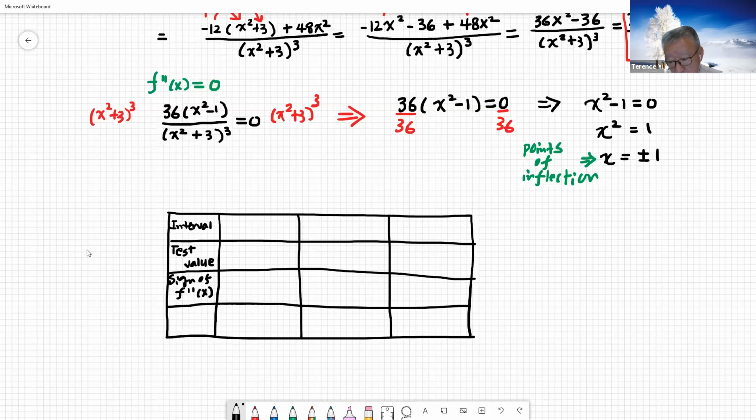If you go back to the increasing and decreasing function, it was f prime of x, right? Now we are talking about concavity, so it's f double prime. And then we have a conclusion.